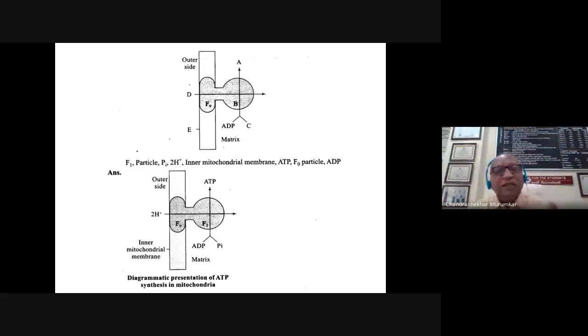Now, when this diagrammatic representation has to be studied in relation with its mitochondrial location, let us study what we can see.